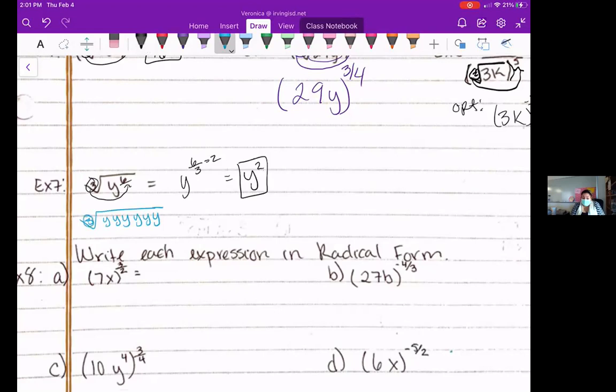We talked about how that cube root means I want groups of 3. Well, how many groups of 3 y's can I form? 1, 2. That means I'm going to take 1 y out and another y out. So what's y times y? Y squared, which is the exact same thing I get there, but 2 different ways.